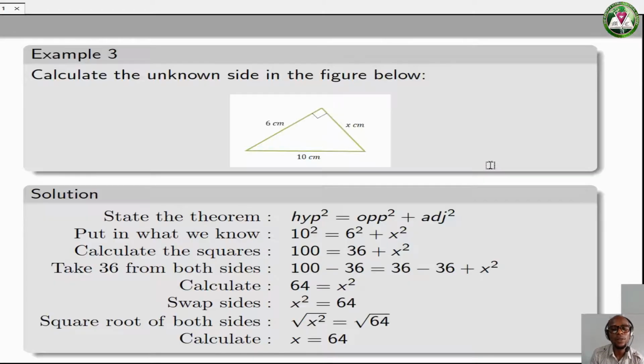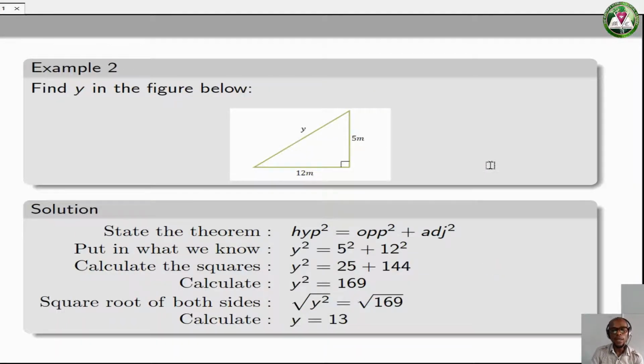Now let's go back to the previous example. You can see that the value of the hypotenuse, which we found as y equals 13, the hypotenuse there is 13 meters, while the opposite is 5 meters and the adjacent is 12 meters. If we take all these numbers individually, this gives what we call the Pythagorean triple.